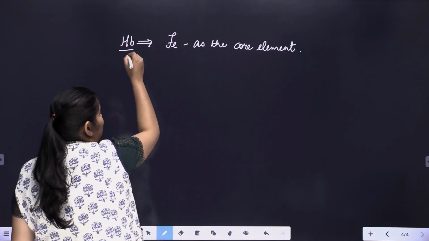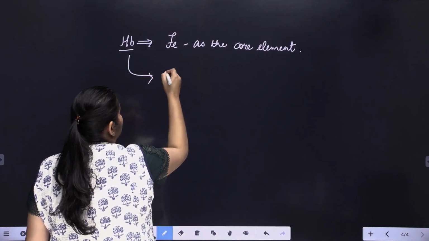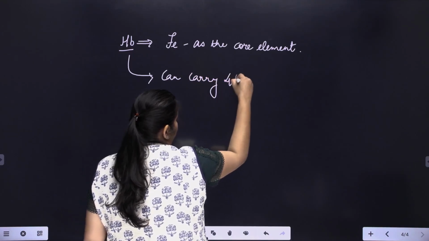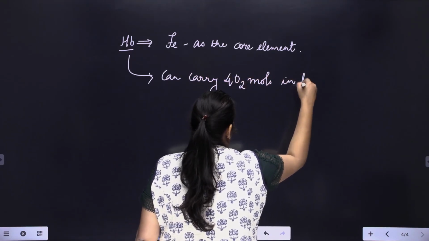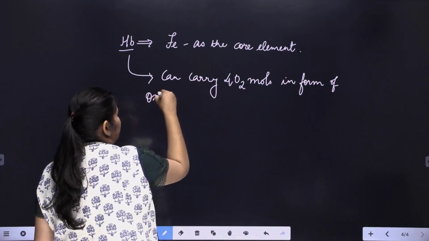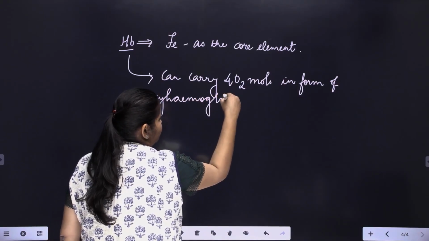And each hemoglobin molecule can carry 4 oxygen molecules in the form of oxyhemoglobin.